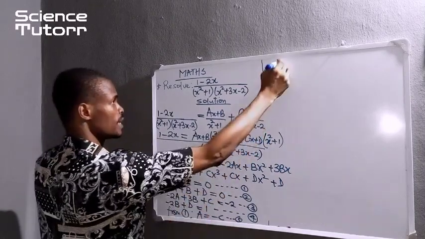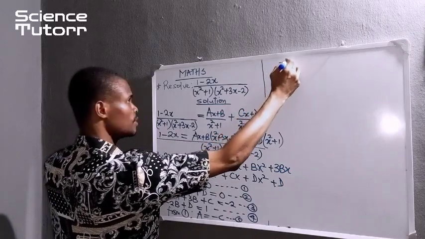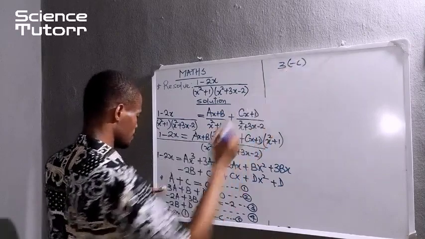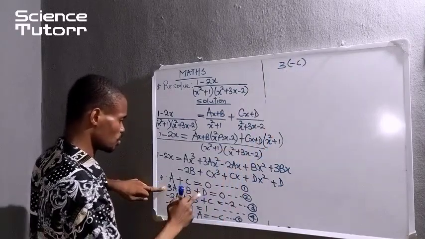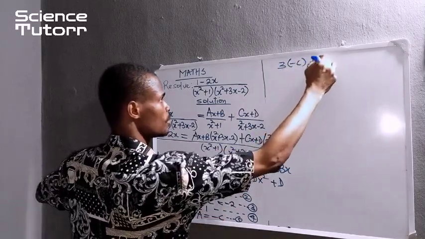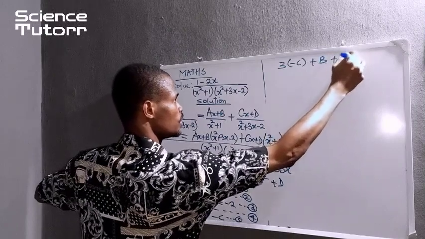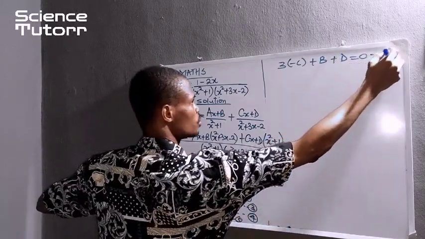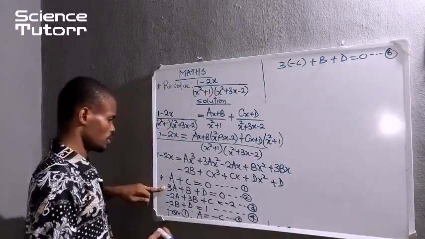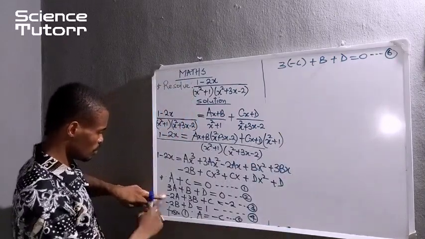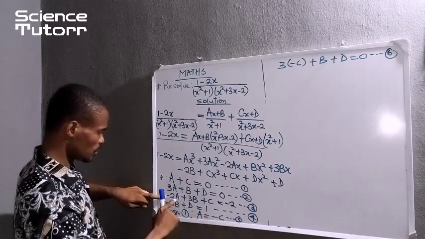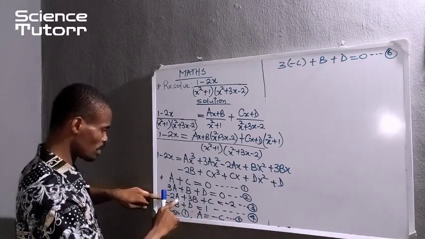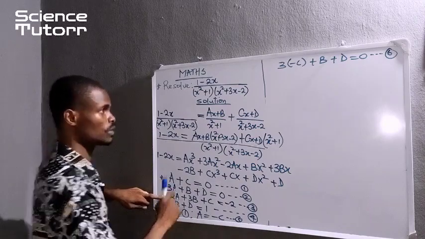So we have 3a, 3 into minus c, plus b plus d equals 0. So that will be called equation 6. On equation 3, when I put minus c into this, it's going to be minus 2 into minus c, which makes 2c.